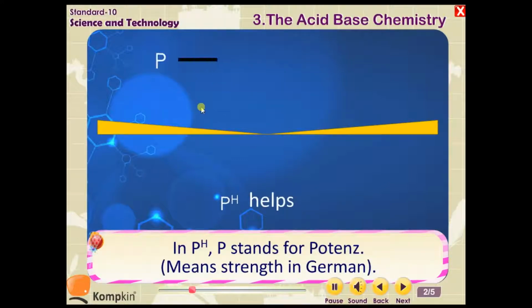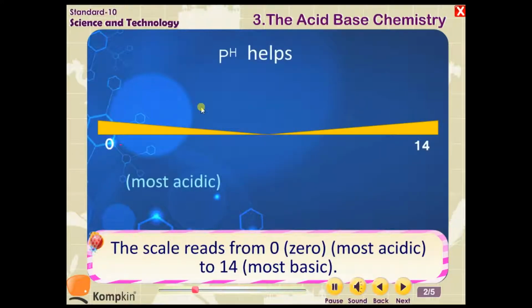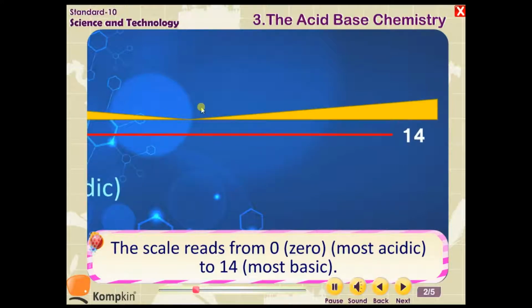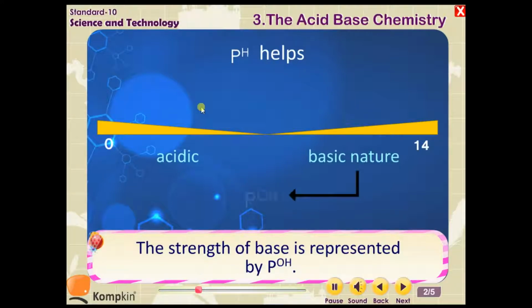In pH, P stands for potens, meaning strength in German. The scale reads from 0, most acidic, to 14, most basic. The value of pH indicates the acidic or basic nature of a solution. The strength of a base is represented by pOH.